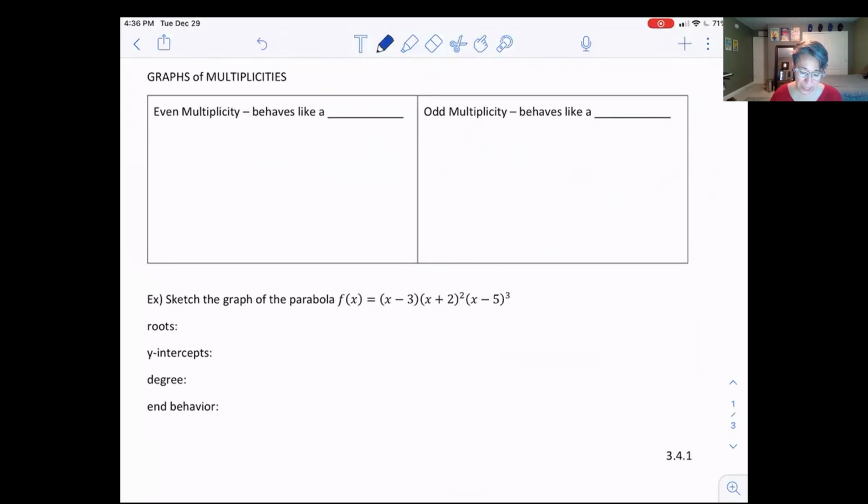Graphs with even multiplicities behave like an x squared, like an even polynomial. Remember, those are parabolas. So they bounce off the x-axis.